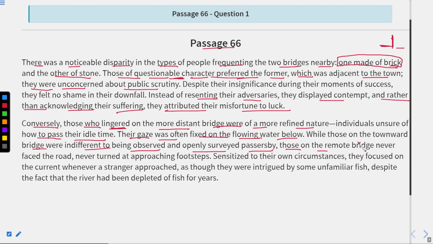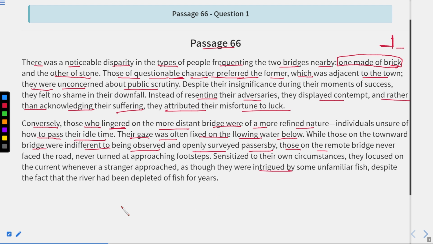They have never turned at the approaching footsteps, or you can say they never followed the footsteps. Sensitized to their own circumstances, they focused on the current whenever a stranger approached, as though they were intrigued by some unfamiliar fish. Intrigued means attracted by some unfamiliar fish.